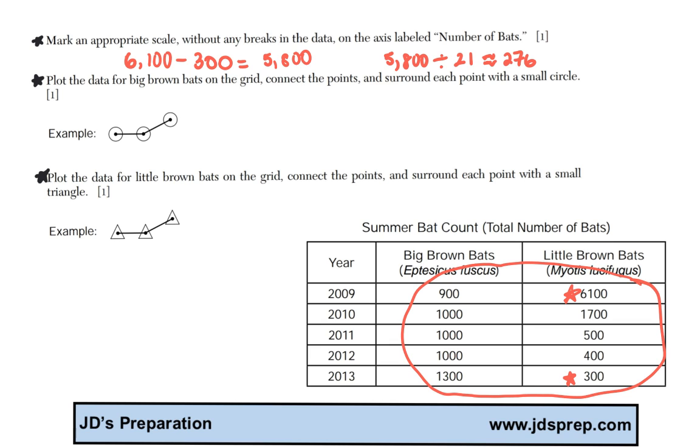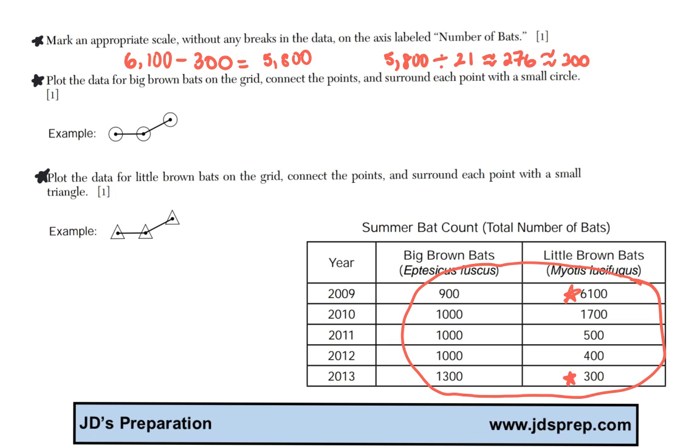Since our number comes out to approximately 276, let's round up and call it an even 300. Since we're going to have to make even lines going from 300 to roughly 6,100. It probably won't be exactly 6,100, but at least we'll get enough even increments on the given number of lines on our graph.